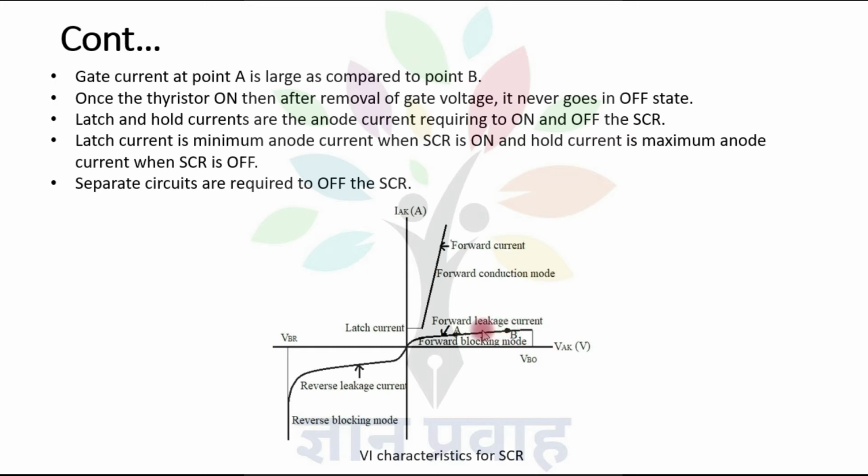So when we apply a large gate voltage, then triggering is very fast, and SCR enters in forward conduction mode. If we are not applying any gate voltage, we are just applying VAK voltage, then at this voltage level, breakover voltage level, the forward conduction mode will be started.